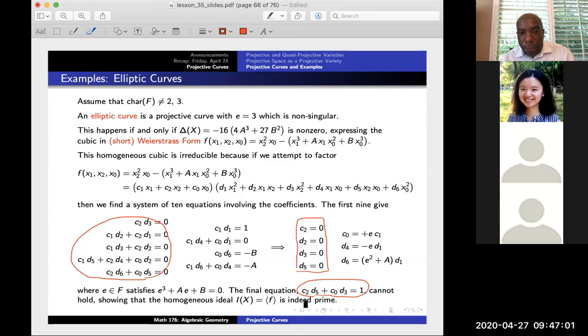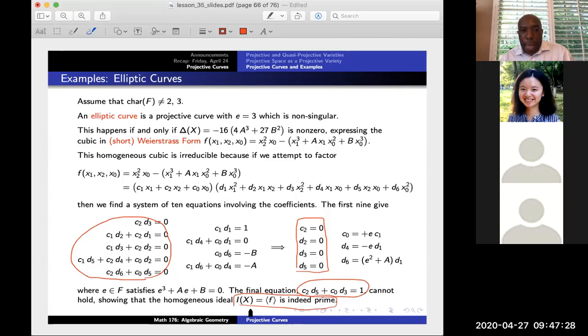But you'll see now that if C5 and D3 are 0, then I would get 0 equals 1. So again, these 5 and then this 6th one are not compatible. So there is no way that I can factor this homogeneous cubic into other factors. So that means that this ideal here must be prime.